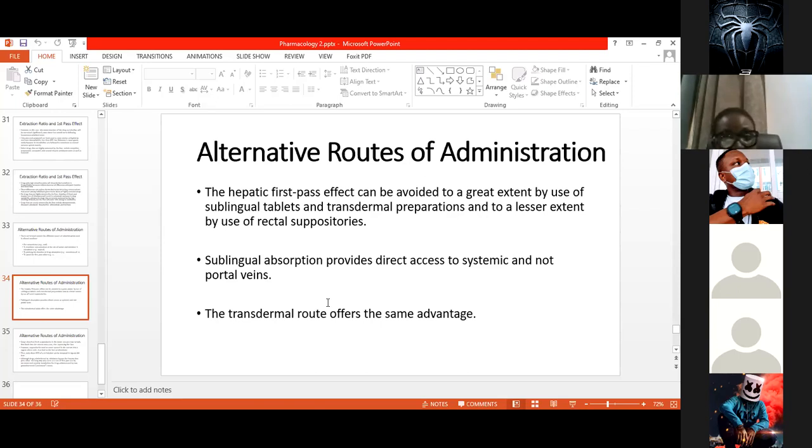Is it a vaginal pessary? Yes. No. When you give a vaginal pessary, it goes through the blood circulation directly because you have a network of blood vessels around there. It's similar to the rectal route. Oh, okay.